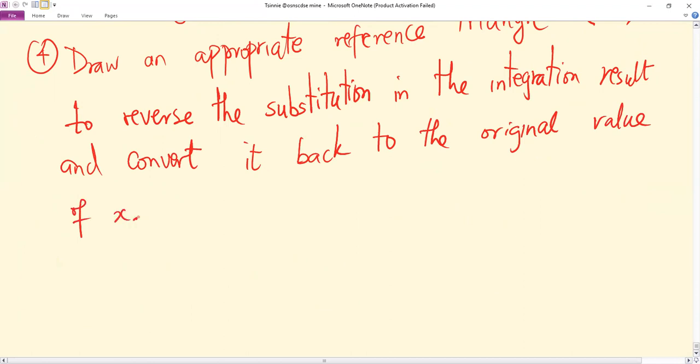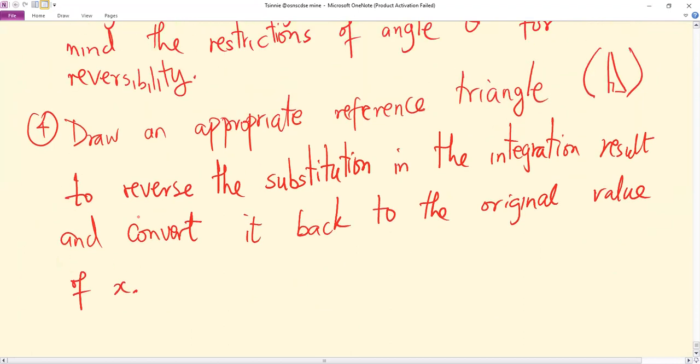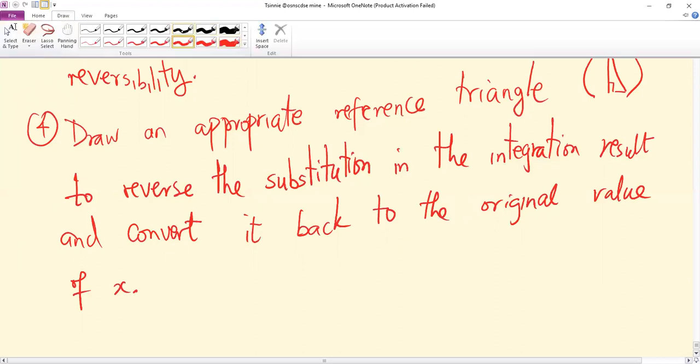So those are the steps we need to follow when we are doing a trigonometric substitution to evaluate a certain integral.